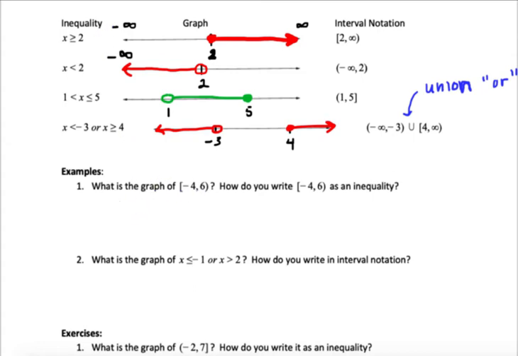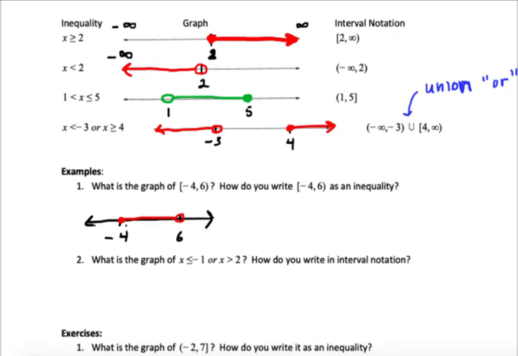So what is the graph of the interval [-4, 6)? I encourage you to pause and figure this out for yourself. If we were to talk about this on a graph, we've got negative 4, and we've got 6. We're going to include negative 4, but we're not going to include 6, and we want everything in between. How do we write that as an inequality?